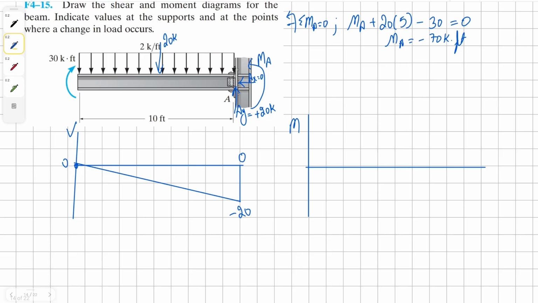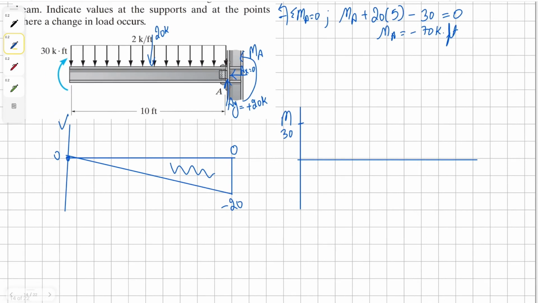So for our moment diagram, we're going to start at 30, and then we have this area, which is going to be half times negative 20 times 10, comes up to be 100. So 30 take away 100 is 70, so we're going to go down till negative 70.